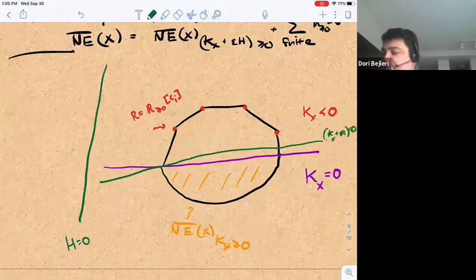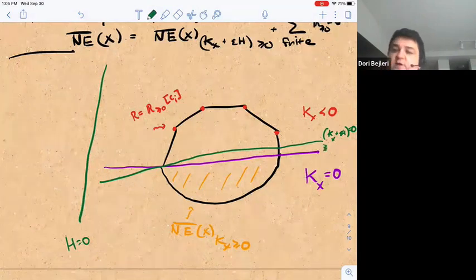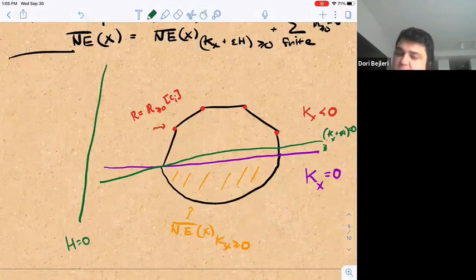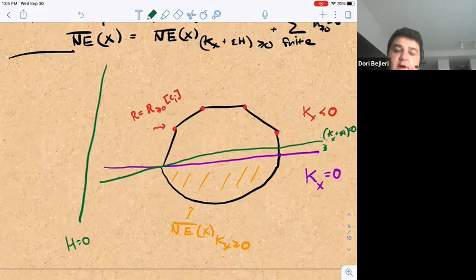Then on the negative side of that hyperplane, we actually just have finitely many curves. So whatever accumulation points we have can only be in this small gap between K_X plus epsilon H equals 0 and K_X equals 0. So there really could be countably many, but they're all accumulated along that hyperplane. Anytime we're in this region away from that hyperplane, we actually get finitely many, so we actually get something that's really polyhedral.